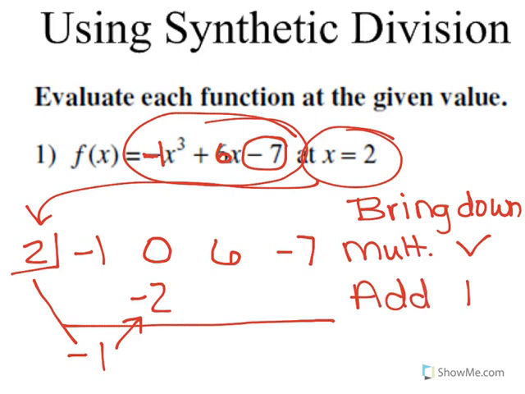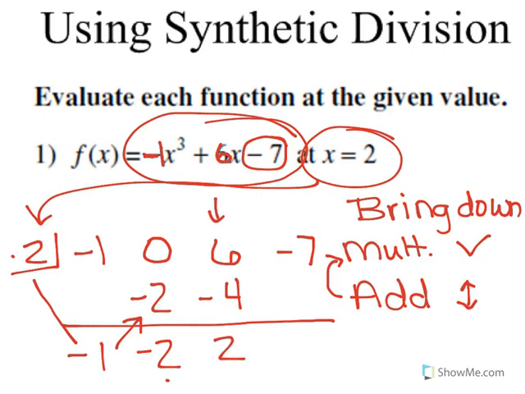So you're going to add up and down. So we're going to add 0 plus -2 is -2. Now go back to the step again, multiply in a V. So everything in the box, 2 times -2 gives us -4. Add your columns together and you get 2.